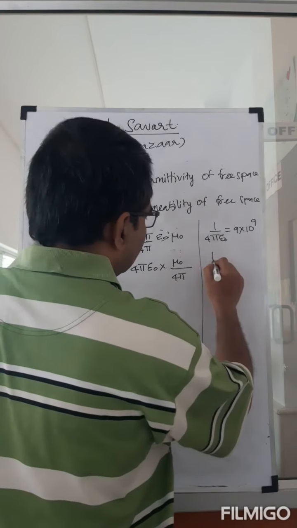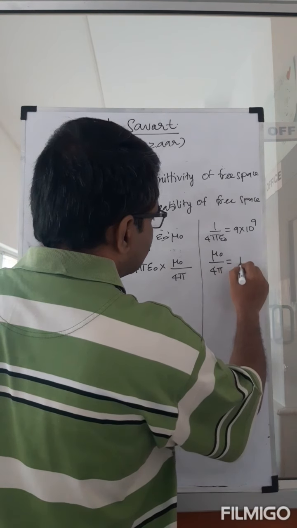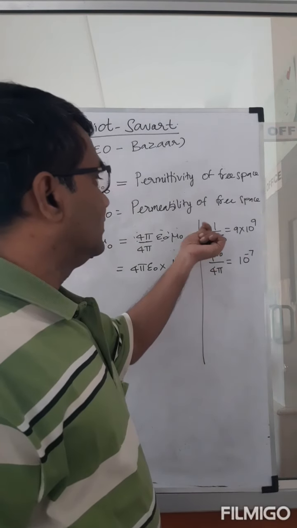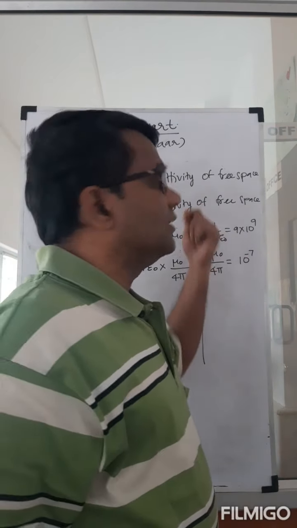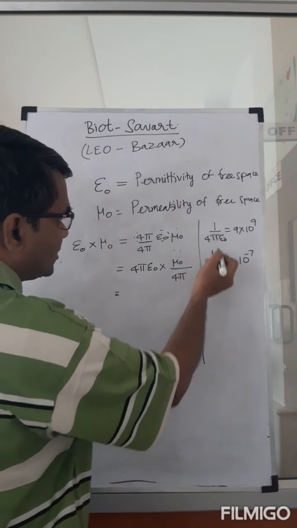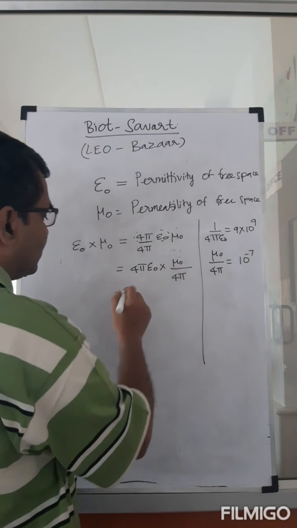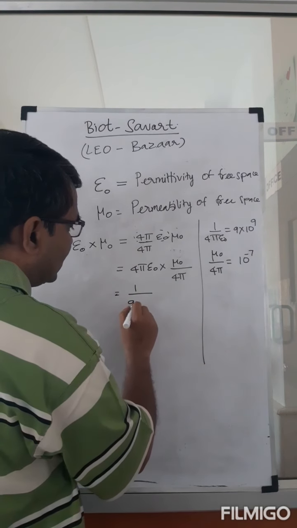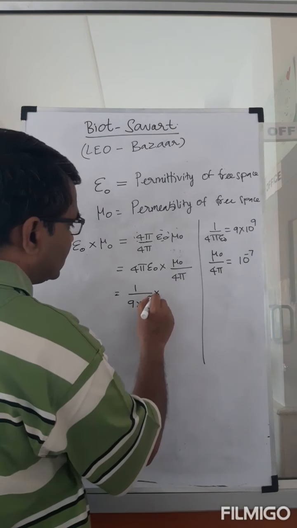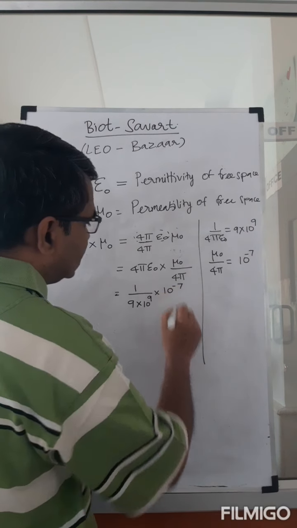And what was this value? Mu naught by 4 pi is equal to simply 10 to the power minus 7. This was simply CB and this was our CE. So, if I plug in those numbers, 1 by 4 pi epsilon naught is equal to 9 into 10 power 9. So, 4 pi epsilon naught will be equal to 1 by 9 into 10 to the power 9, multiplied by 10 power minus 7.